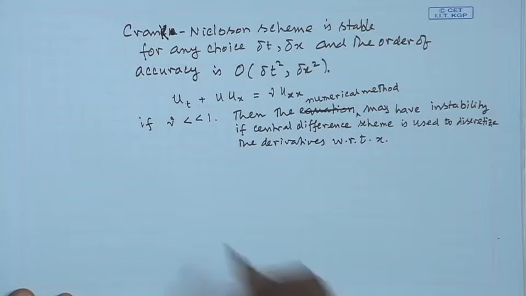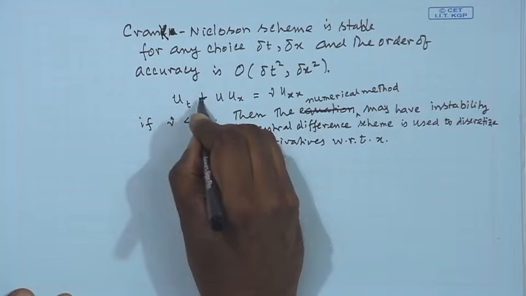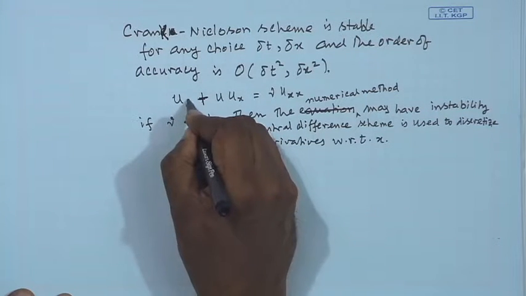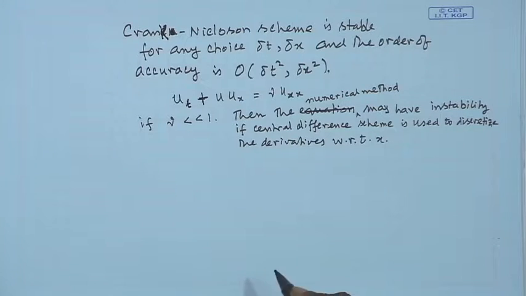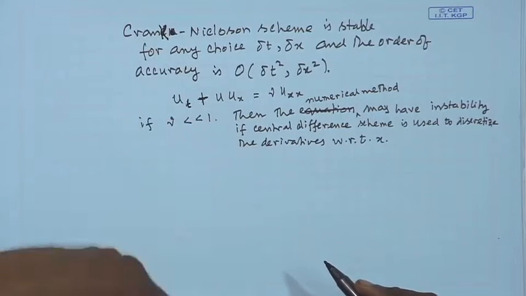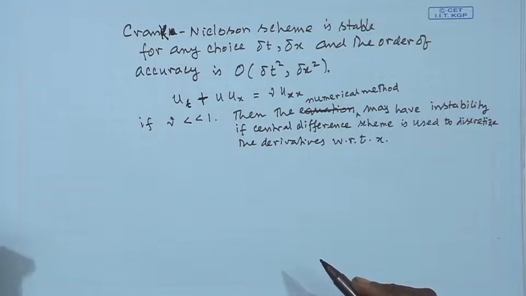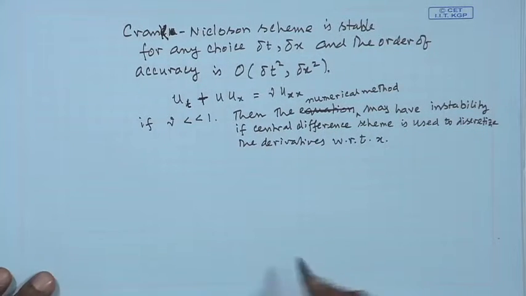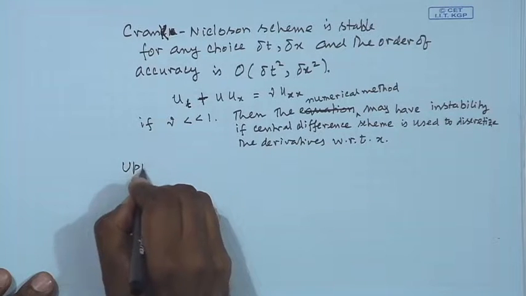For a hyperbolic equation, if we use the central difference for x, that is FTCS, forward time and central in x, that becomes an unstable one. So, this kind of situation we have to avoid. To avoid that, there is the upwind scheme.